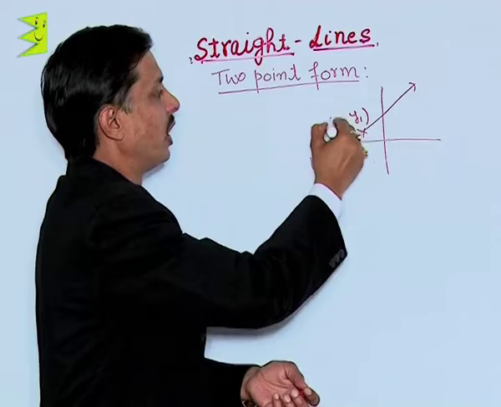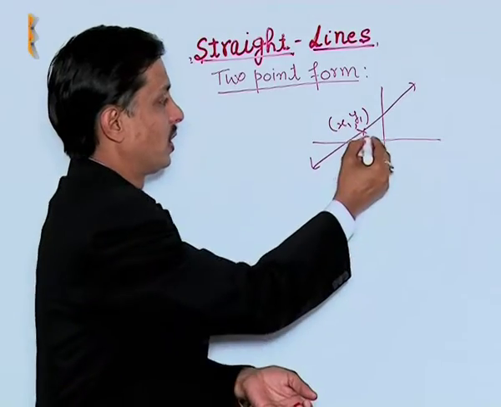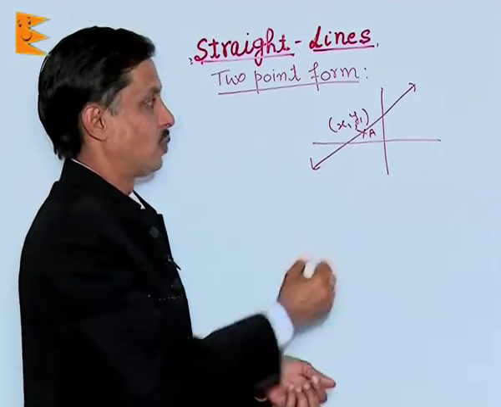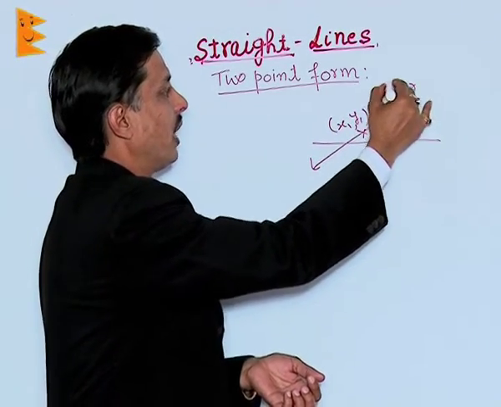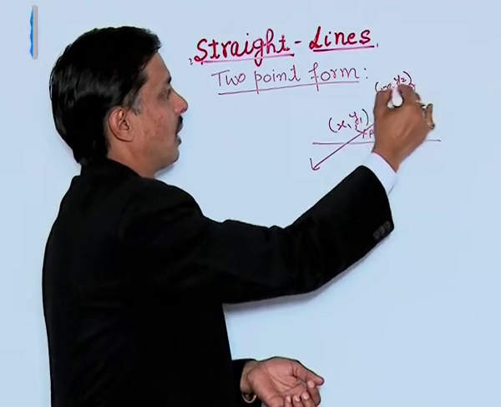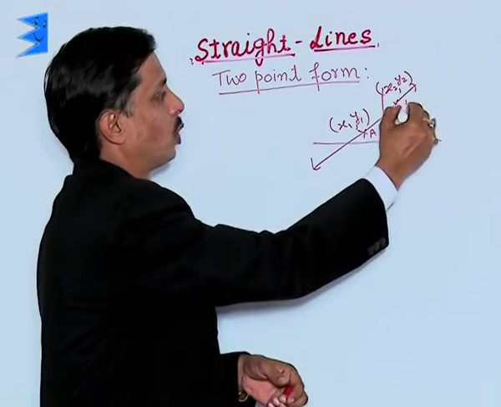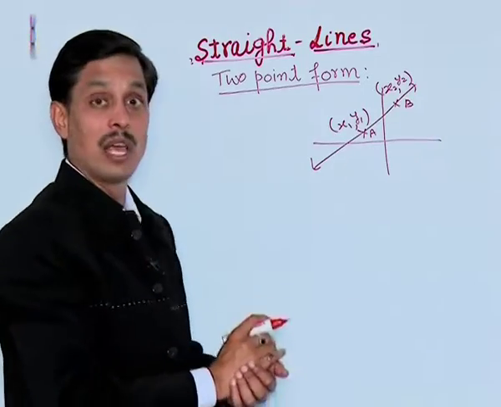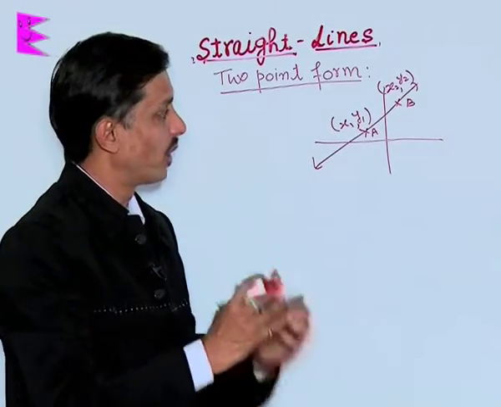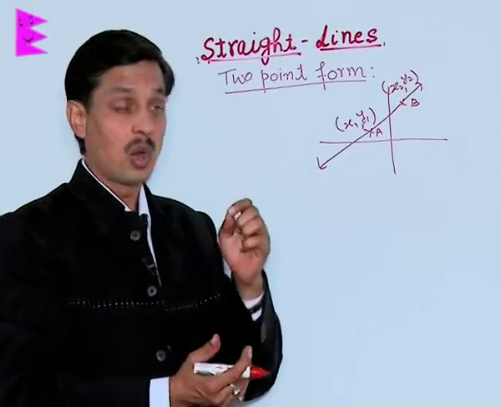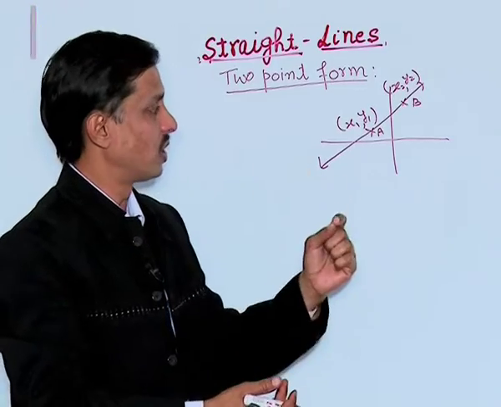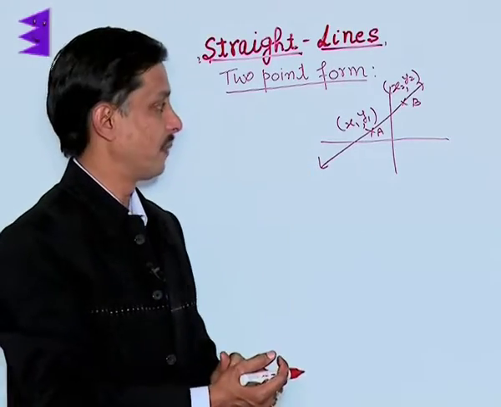Suppose the coordinates in the first situation, say A, are x1 y1, and the coordinates in the second situation are x2 y2. So if a line is passing through 2 points x1 y1 and x2 y2, then what is the formula for obtaining the equation of this line?